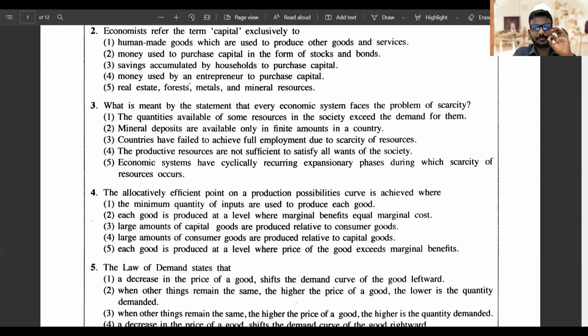So that's the question. Very, very easy, as long as you know what is allocative efficiency and what's the condition to achieve that.